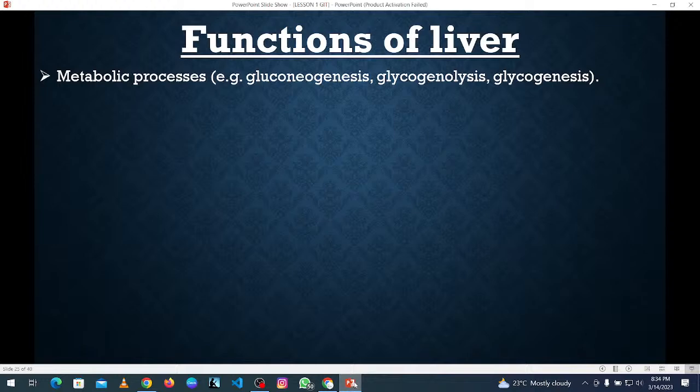So, what are some of the functions of the liver? We have certain metabolic processes that we'll explain further when talking about homeostasis. We have gluconeogenesis, glycogenolysis, glycogenesis, and the rest.